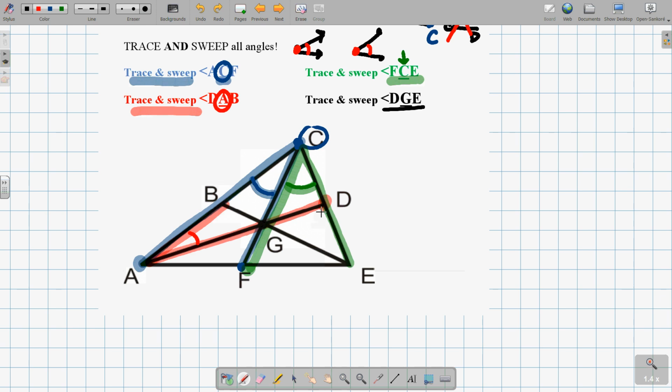Start at D. Go to G. Go to E and sweep at the elbow. Trace and sweep. D, G, E. We sweep at the elbow of the angle. Do you understand what I mean by elbow there? The hinge point. Trace and sweep. You do this with all angles.